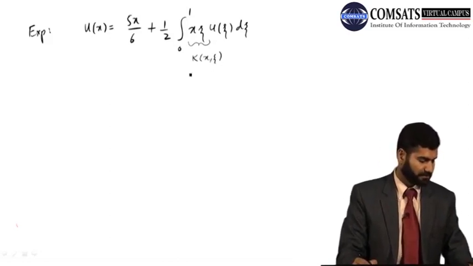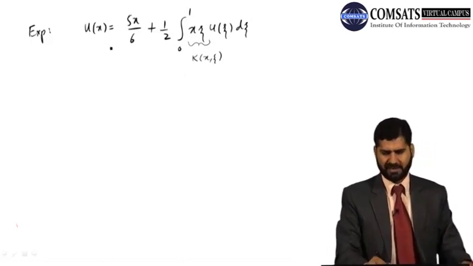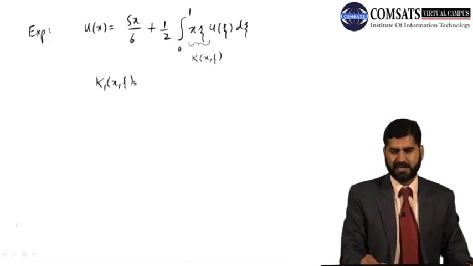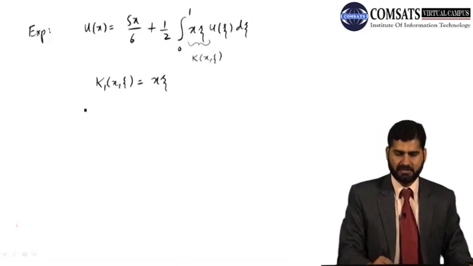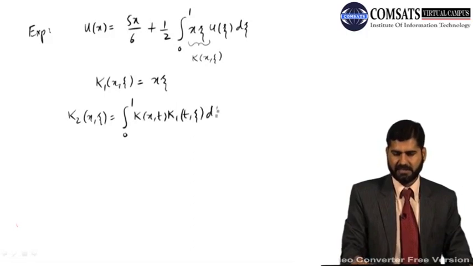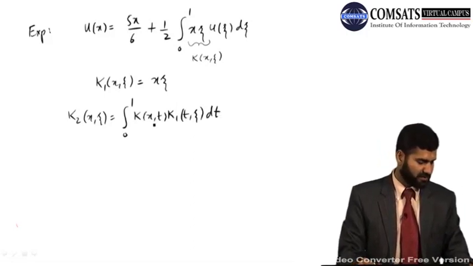Now, what is our K1(x, xi)? K1(x, xi) is K(x, xi), right, which is x xi. First one is the same. For K2(x, xi), I need the integral from 0 to 1 of K(x, t) K1(t, xi) dt. Right? So this is the formula, which is a very well-known formula now.